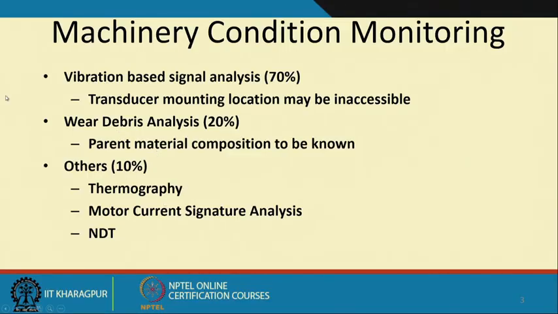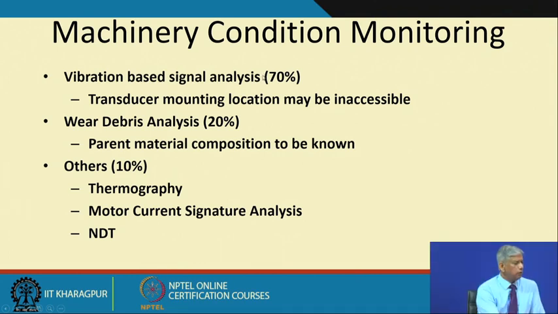So, as you all know by now, nearly 70% of the monitoring is usually done by vibration, and that is the statistics throughout the world. But the problem with vibration based signal analysis is sometimes we may have problems locating or mounting the transducers.